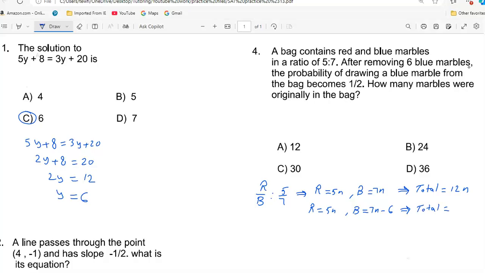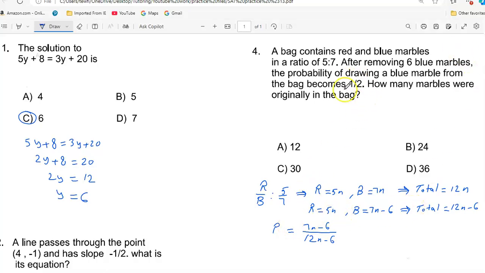It will be 5n plus 7n minus 6, which is 12n minus 6. Now, after removing the 6 blue, the probability of drawing a blue marble is 1/2. What's probability? The number of favorable outcomes, which is the blue, 7n minus 6, over the total number of outcomes. What is the total number of outcomes now? It's 12n minus 6, right?